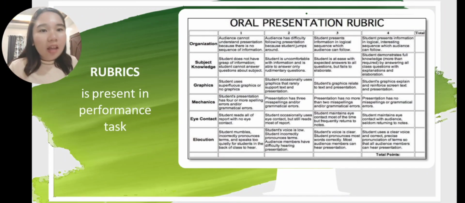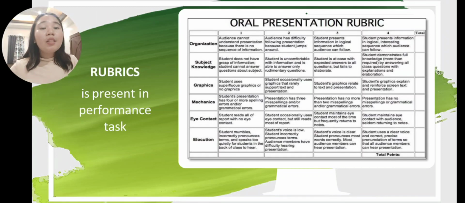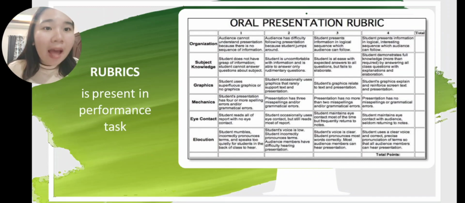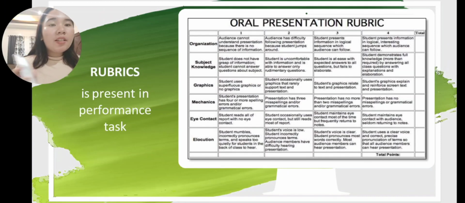So the elocution. Student mumbles, incorrectly pronounces terms and speaks too quietly for students in the back of class to hear. Student's voice is low. Student incorrectly pronounces terms. Audience members have difficulty hearing the presentation. Student's voice is clear.